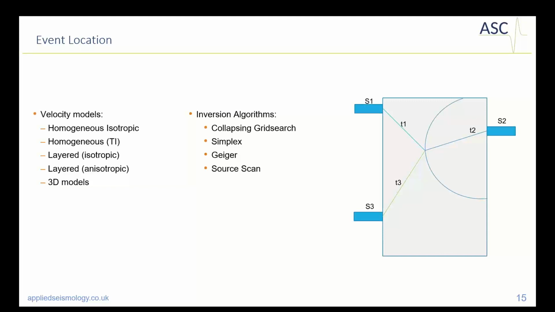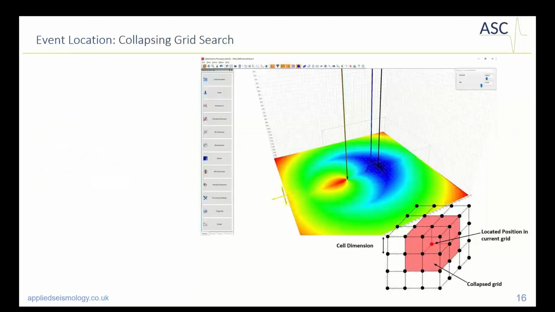So it's almost like a combined picking and location algorithm. And it's good for bad data where phases are not easily identified, either automatically or manually.